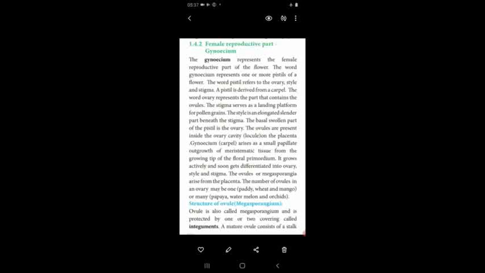The ovule is present inside the ovary and embedded in the tissue called placenta. That ovule or megasporangium is protected by 2 coverings called integuments.